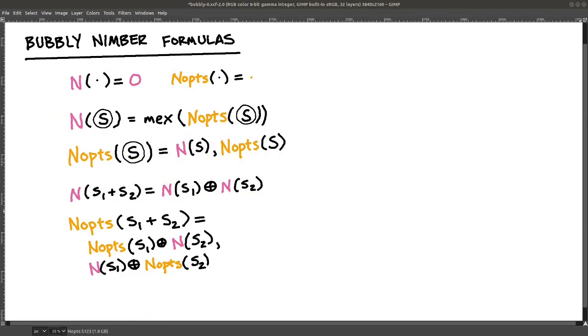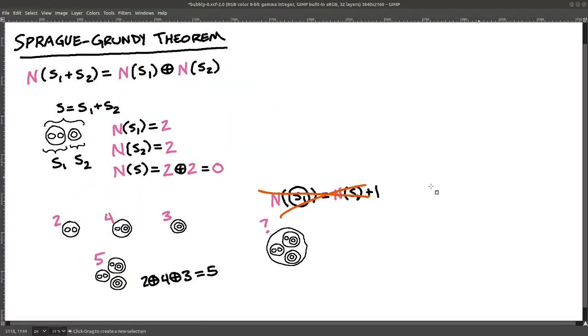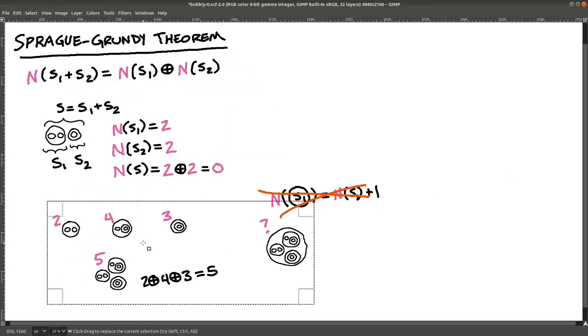Before we do that, let's just do one more quick example. Here's a good one. We saw this earlier when we were looking at the pink numbers for a combined state. This is something we mentioned under the Sprague-Grundy Theorem as a state we could not get the nimber of, but we can get it now.